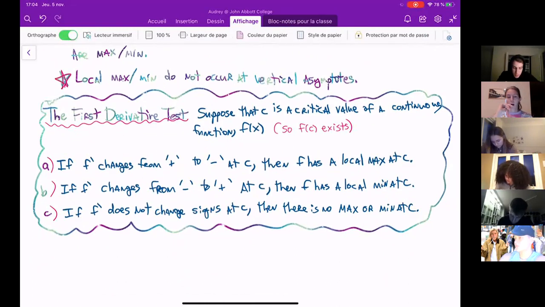So when you have this down, let me know, and let me know if you have any questions about what this test is saying.